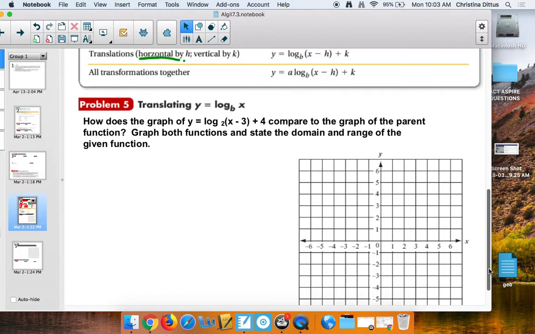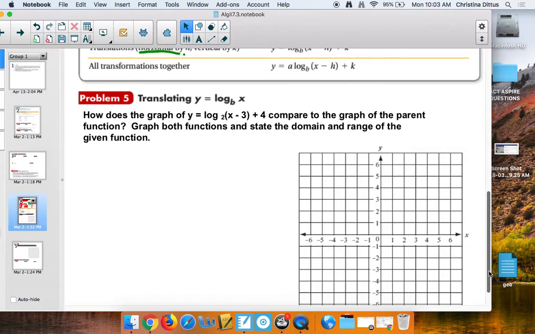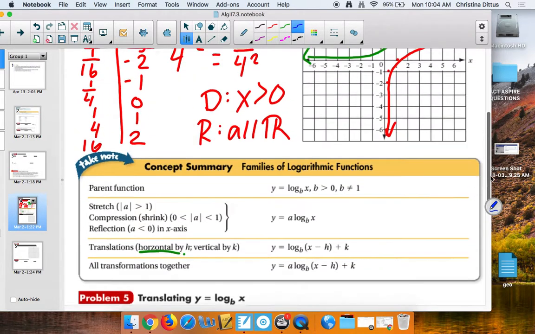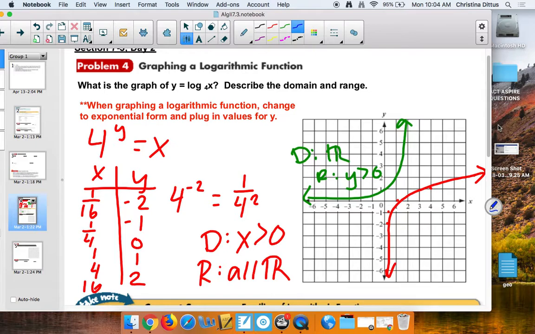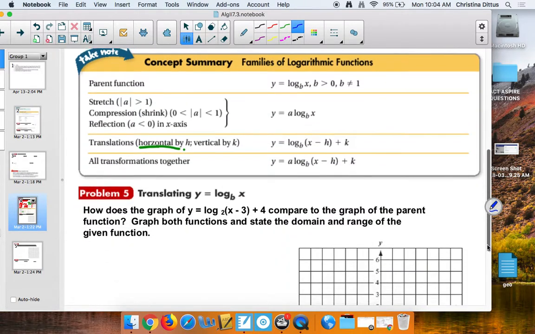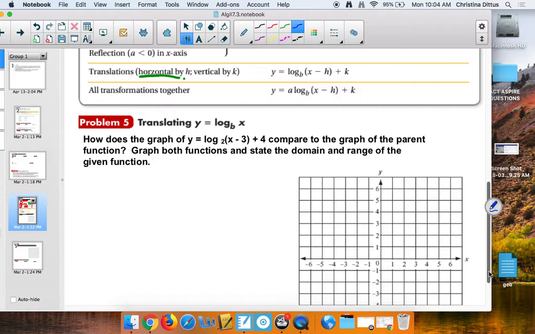So, I got this graph, log base 2 of x minus 3 plus 4. First off, my parent function. Okay, here, this is our parent function because there's nothing added, subtracted, there's no number out front, anything like that, okay? So, what do you think my parent function would be here?